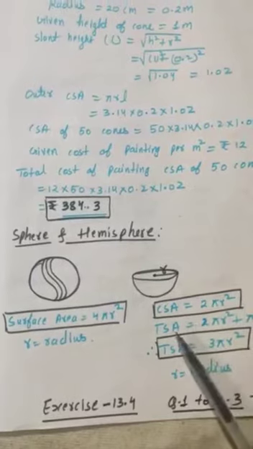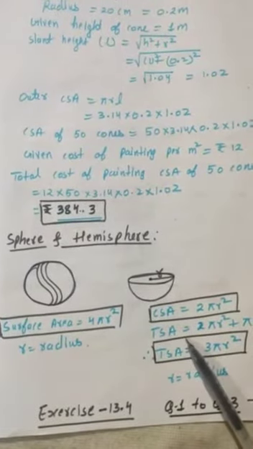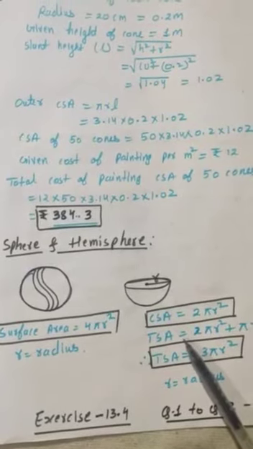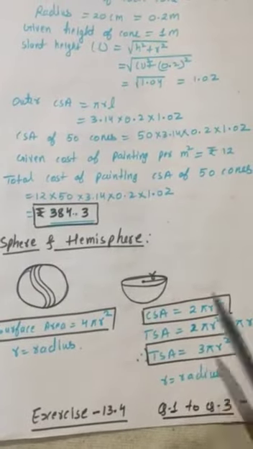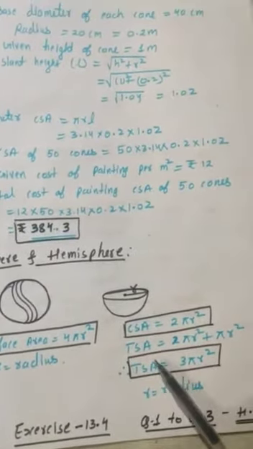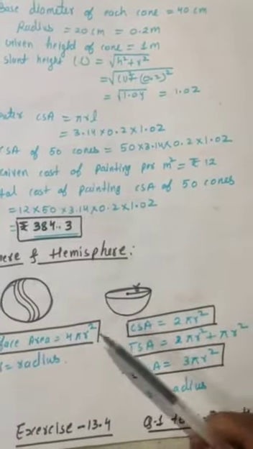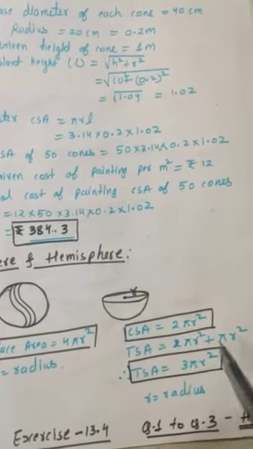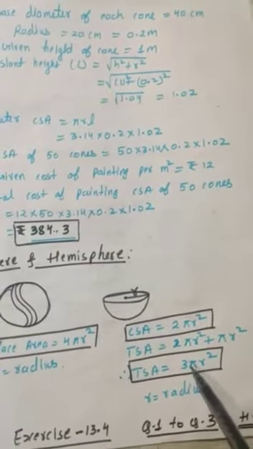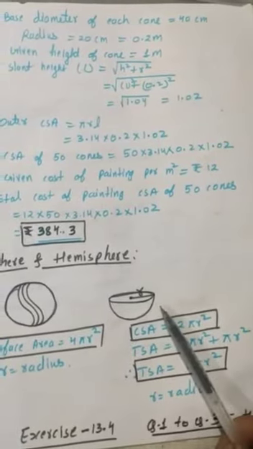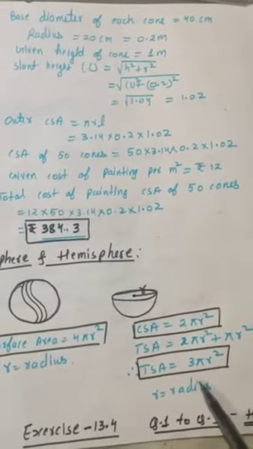Now second में if you want to calculate total surface area, you can just imagine अगर एक स्पंज की बॉल है और एक रबर की बॉल है, सॉलिड बॉल, if you cut it, okay, in the middle, it is having the curved surface area plus जो टॉप होता है it is a circle. So 2 pi r square plus pi r square, it will give you 3 pi r square. So this is the total surface area of a hemisphere where r is the radius.